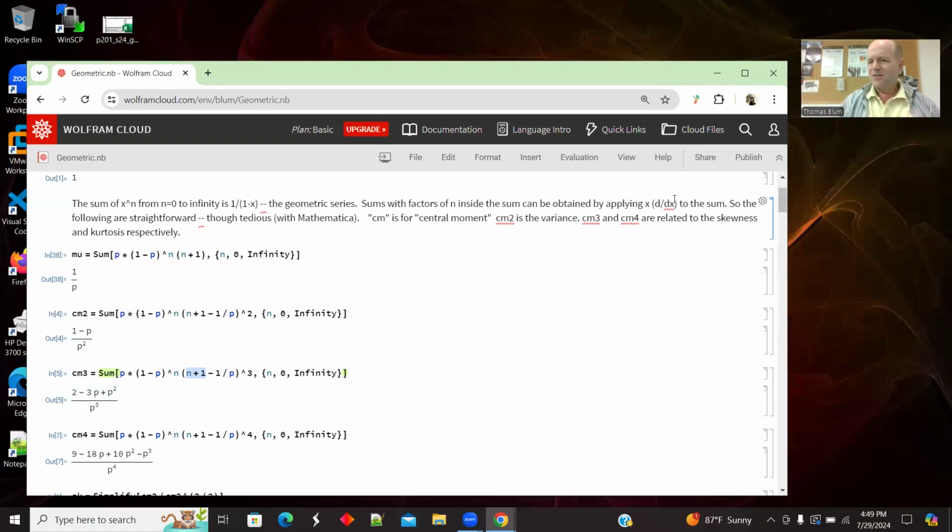Again, it's just applying x d/dx to the result of the geometric series and grinding that out. But there it is: 2 minus 3p plus p squared, all on p cubed.